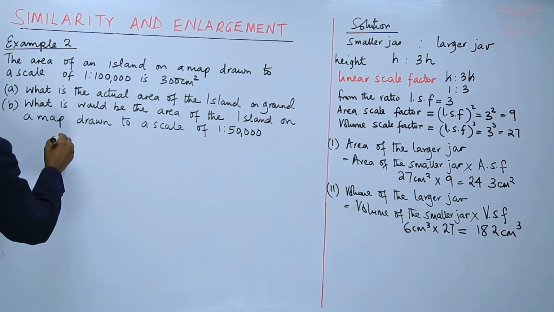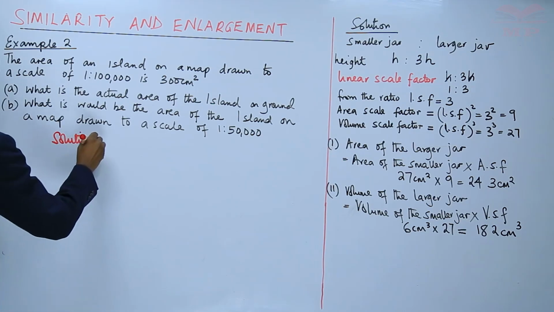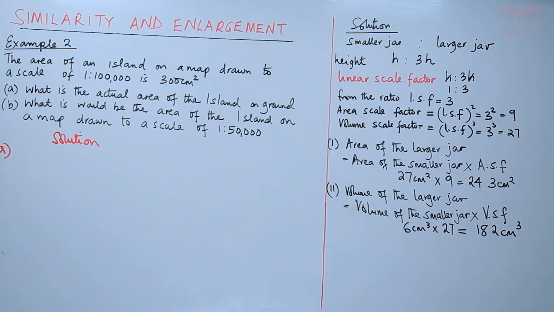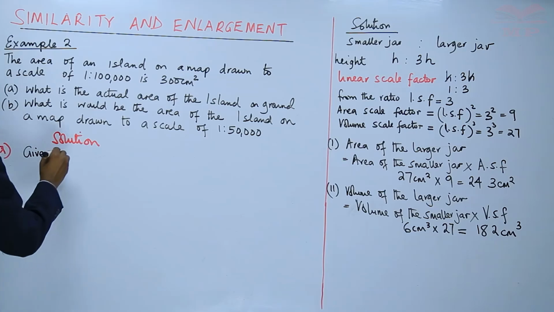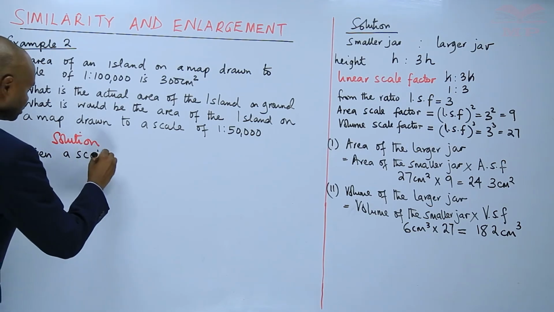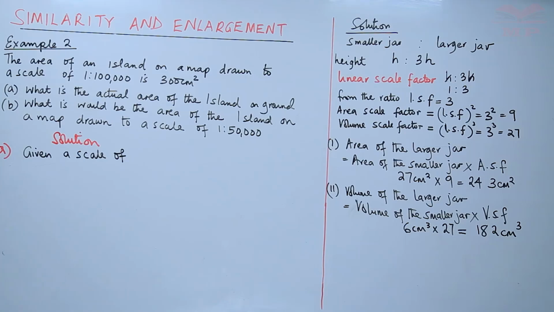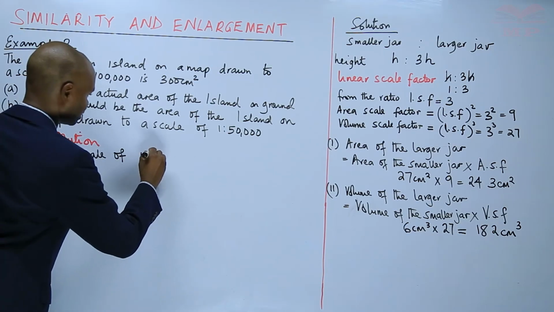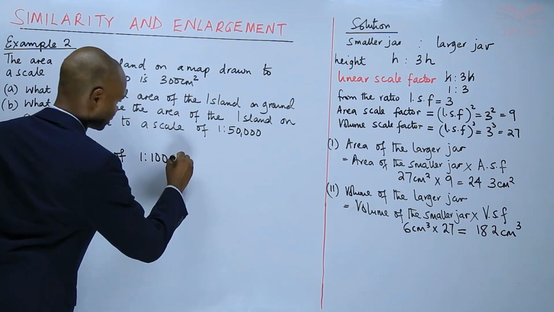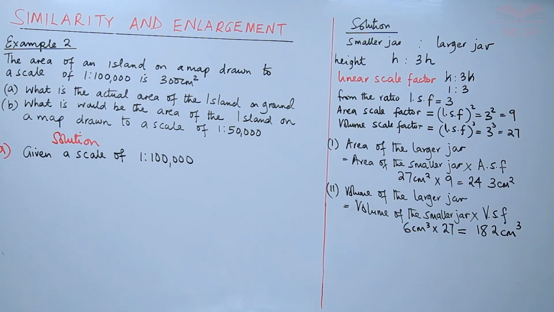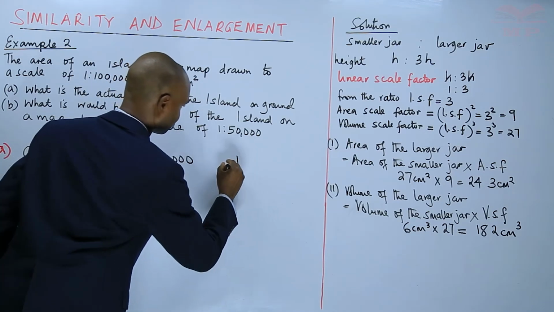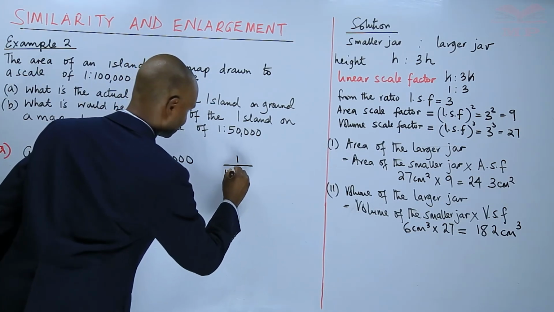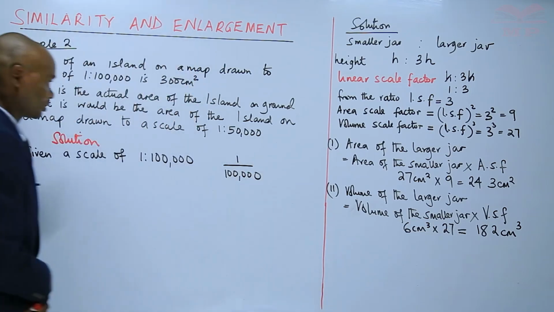We start with A. You realize, given a scale of 1 is to 100,000, some people would write it as a representative fraction of 1 over 100,000.